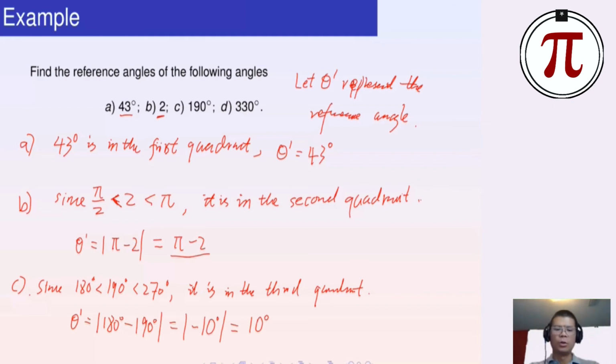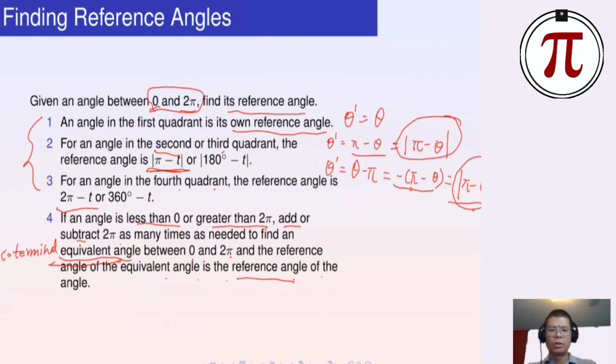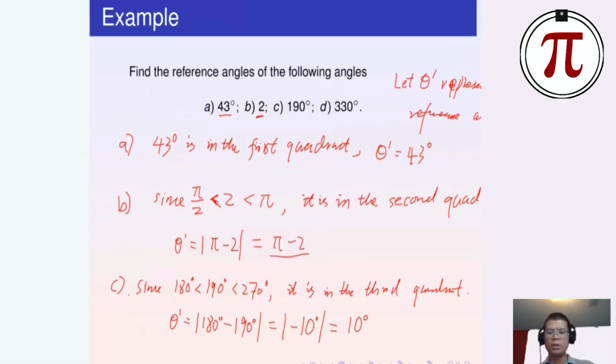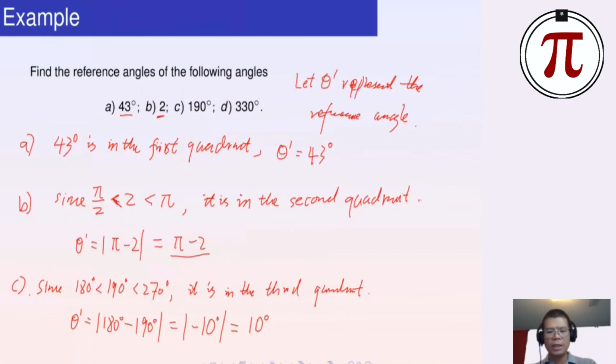So because it is in the third quadrant, the reference angle is the absolute value of the difference, pi minus t. So we got that. And finally, let's consider D. Which quadrant is 330 degrees?